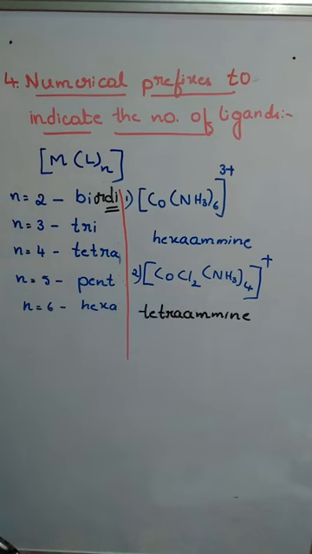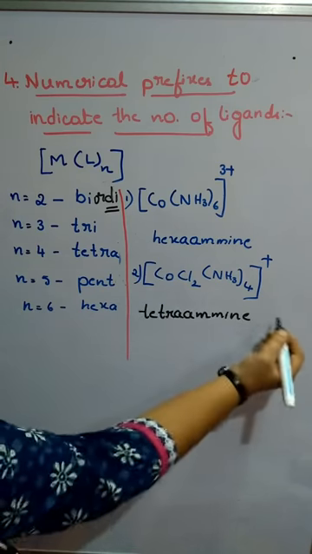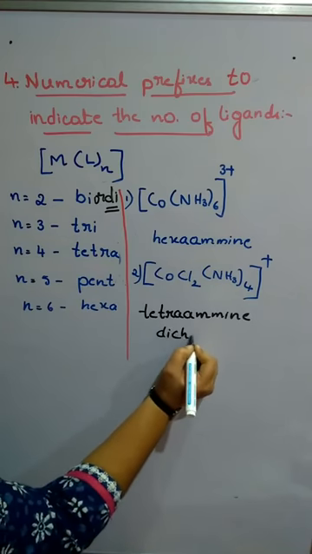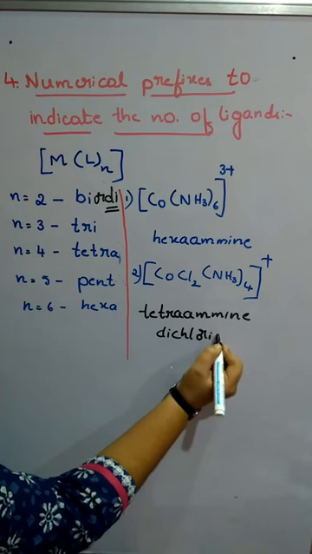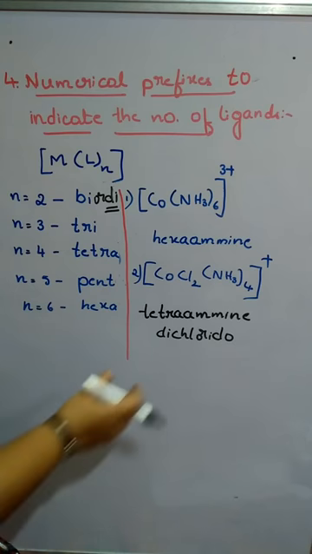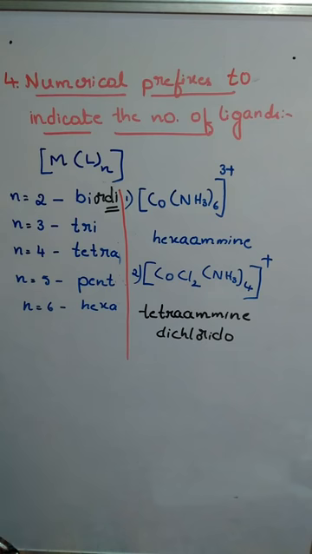So it is dichlorido. Tetramine dichlorido. This is how we write the name of the ligands. So this is about the numerical prefixes for simple ligands.